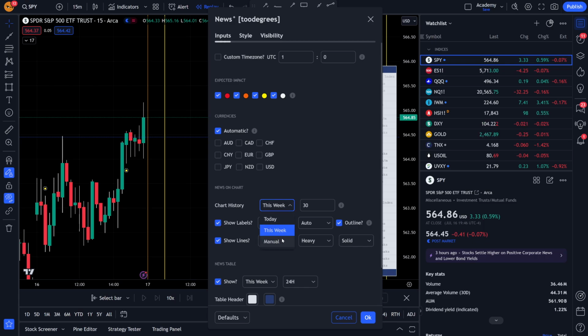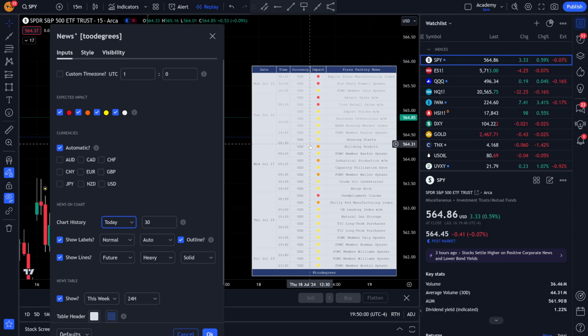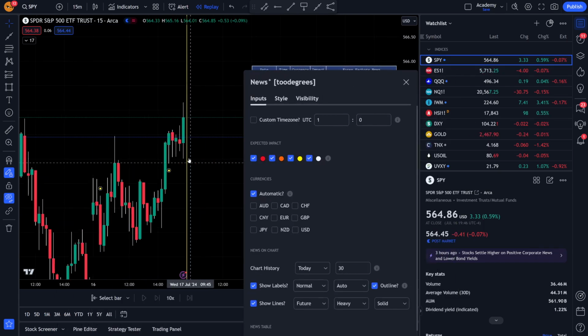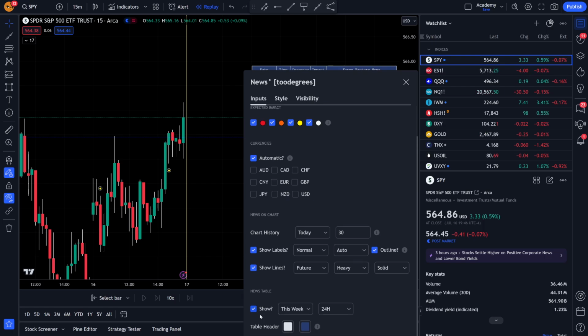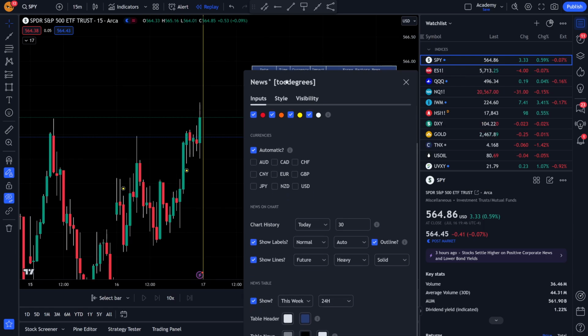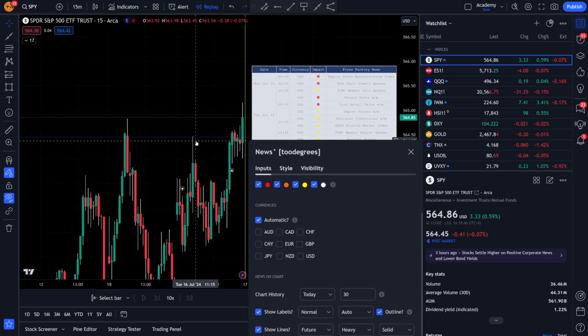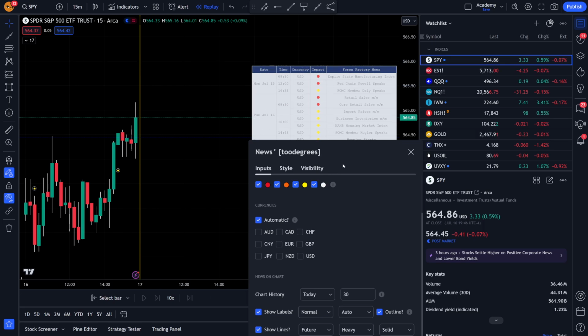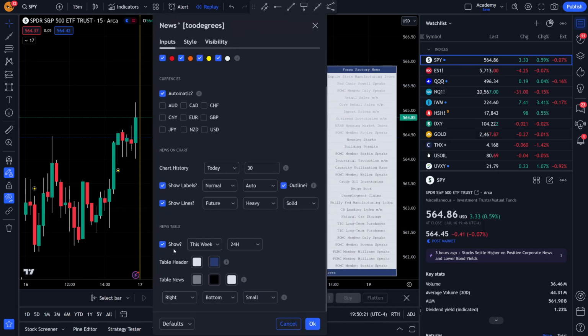You can actually make this only show today's events. It might take a moment to update. Oh, I think it says news on chart. So if I click that, it only shows today's, so it won't show something in the future. So that's pretty cool.